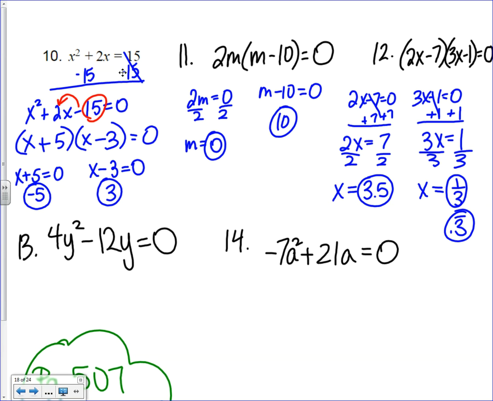What? Now, do you see how it starts with a negative? I don't like that, so we're going to divide by negative 7a. And that will go out front. If you divide that out, do you see how the negative 7s will cancel? How about my a's? Just an a. What is 21 divided by negative 7? And the a's cancel.